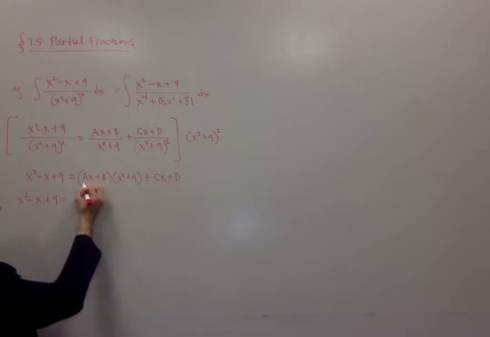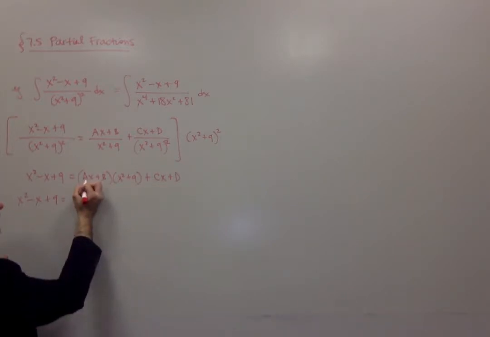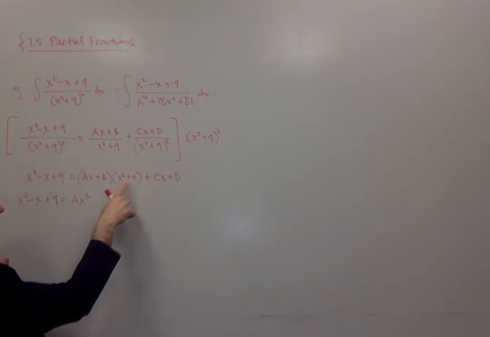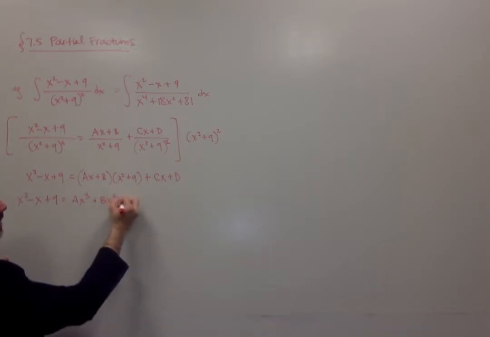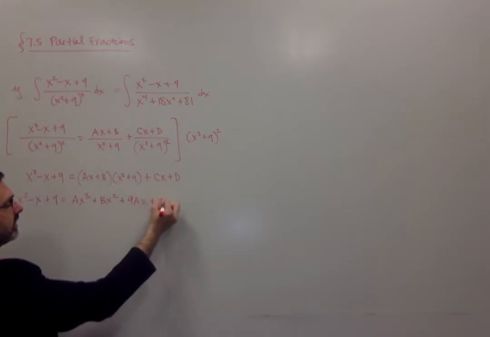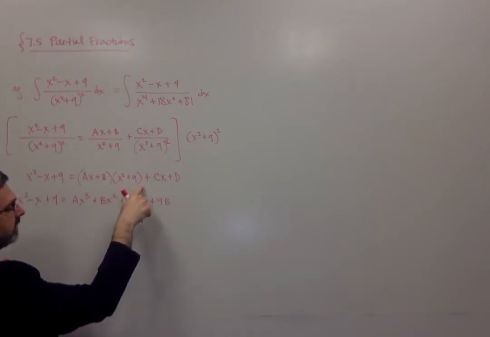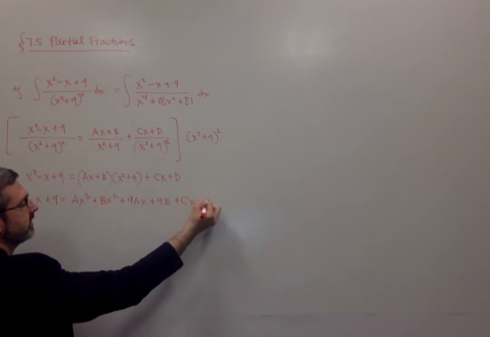Let's multiply out the right side. So if I multiply it out, I've got ax cubed. So I'm going to FOIL it. So then I've got my outer, which is 9. Let's do the inner first. Plus bx squared plus 9ax plus 9b. I just multiply these out. And then what's left over is cx plus d.